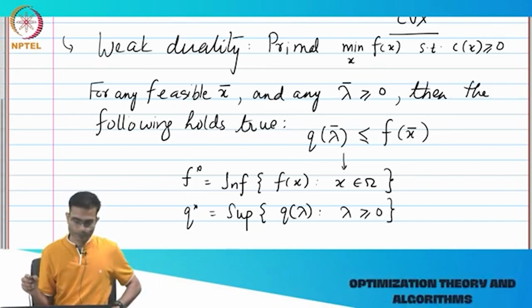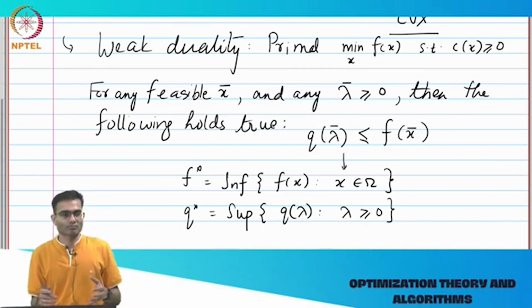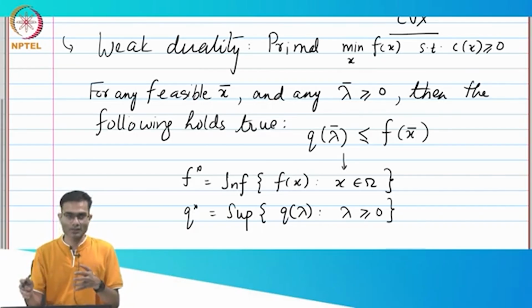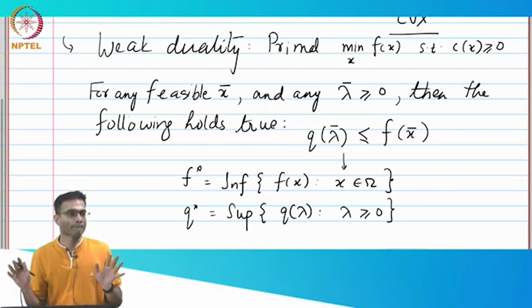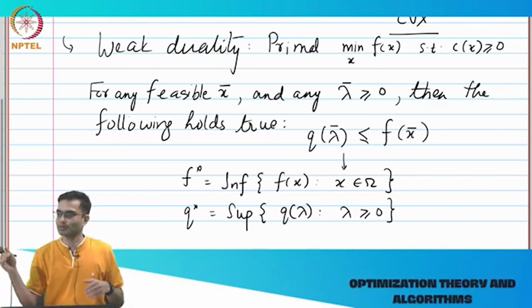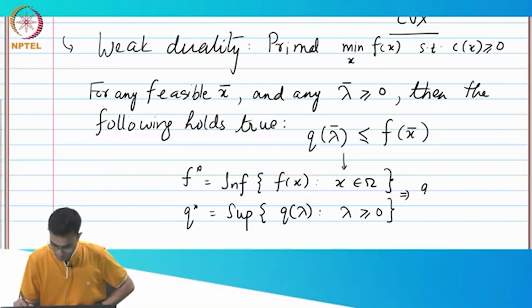Now if I substitute f star and q star into this inequality, is it still correct? It is correct, because the right hand side I have made as small as possible, and the left hand side as large as possible. So this is really very interesting.